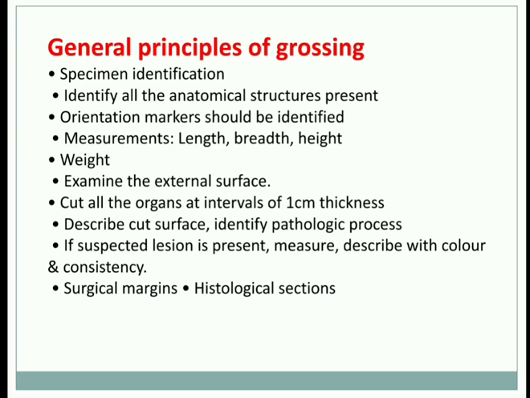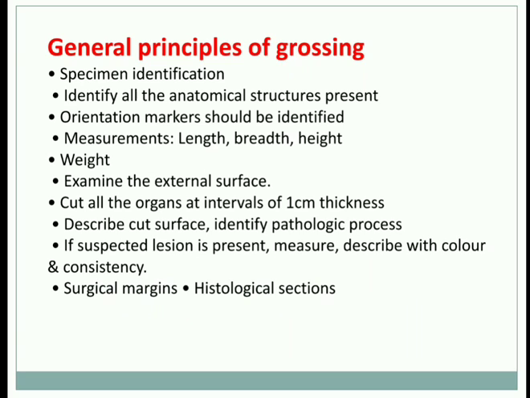These are some general principles of grossing. It includes specimen identification, identifying all the anatomical structures present, then orientation markers should be identified, then measurements are taken, length, breadth and height, along with the weight.